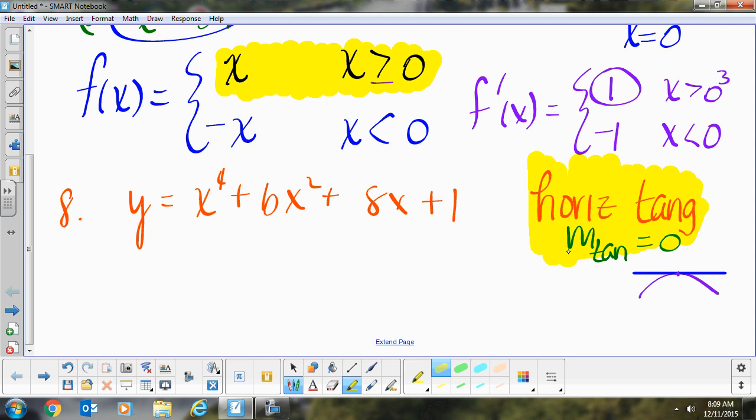And it says it has a point of inflection for the same value of x. So what this is saying is this point right here, that point, is a point of inflection. What derivative involves slope of a tangent line?